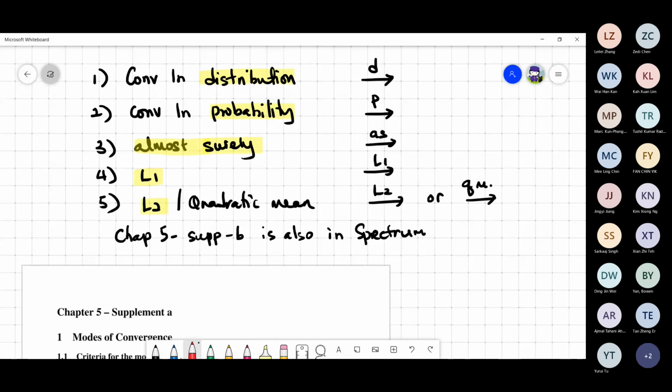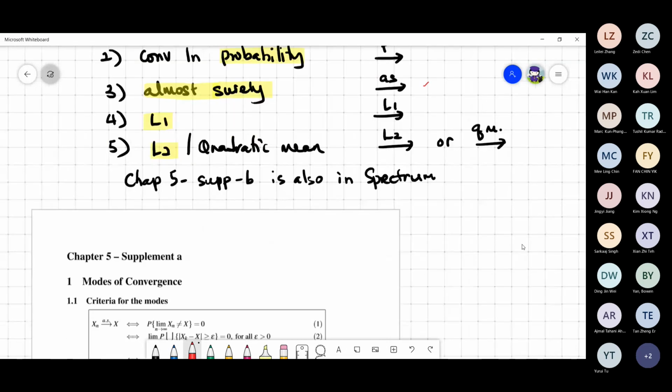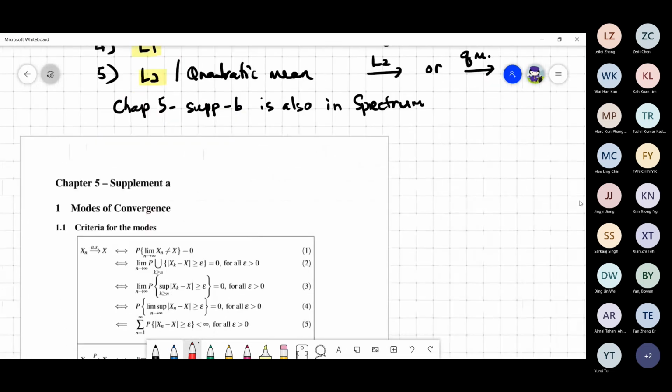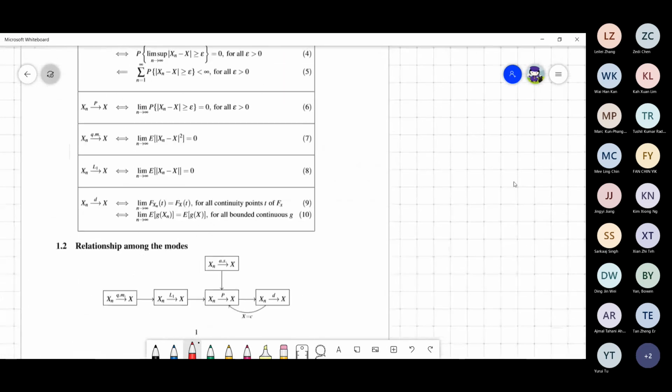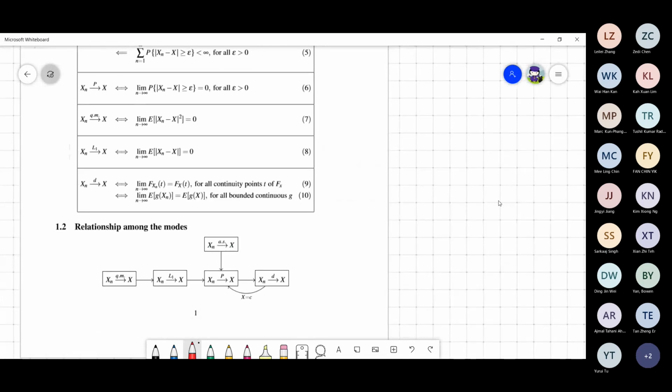Basically, the ones that we are concerned with more will be in distributions and almost surely. Before we recall the criterion for all these modes of convergence, let's look at the relationship among these 5 types of convergence. Please remember this diagram. Convergence QM always implies convergence L1, and convergence L1 always implies convergence P, and this always implies convergence in distributions.